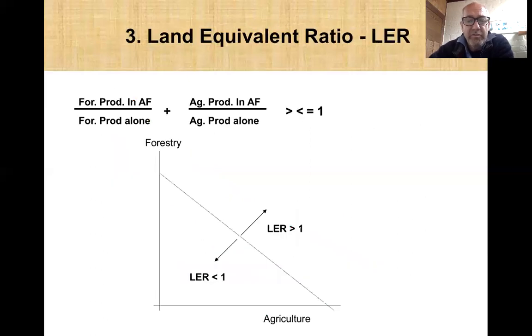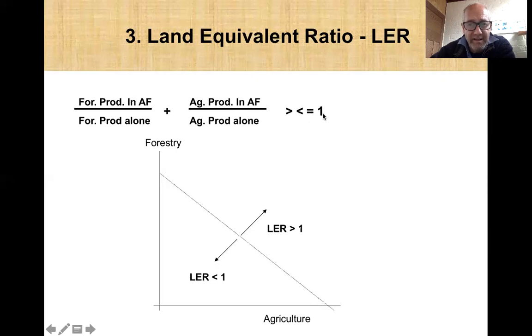Related to this is this notion of the land equivalent ratio. This is essentially how much is being produced from the same land. If I can use the Stewart's example again, Andrew said that he's got 17 or 18% of the farm under trees, but his agricultural production is still the same. So if you look at production from the combination over production alone for the agriculture component, this is the forestry component, he's getting 18% from the forestry component, he's getting 100% from the agriculture.